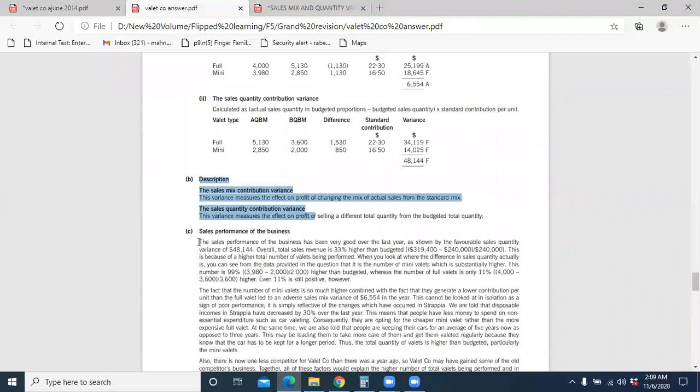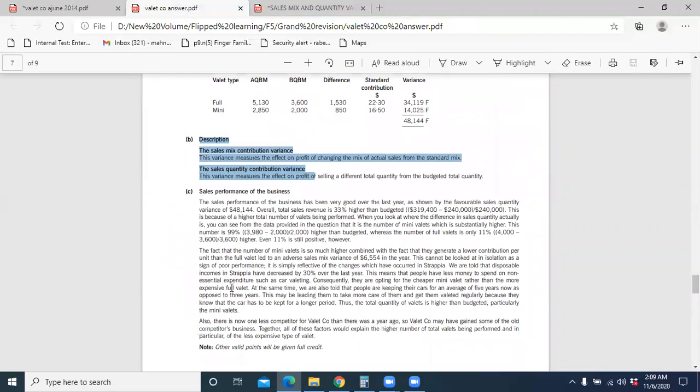So now part C, see how they are going to discuss it now. The sales performance of the business has been very good over the last year, as shown by the favorable sales quantity variance of 48144. Okay, they didn't talk about the net variances, I should have started from the net variance. If I were you, your answer could be different from the standard answer, from the examiner's answer.